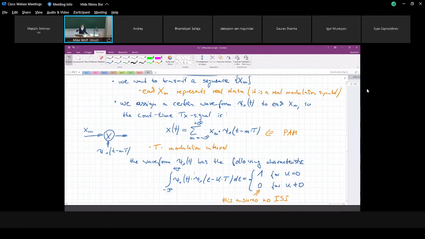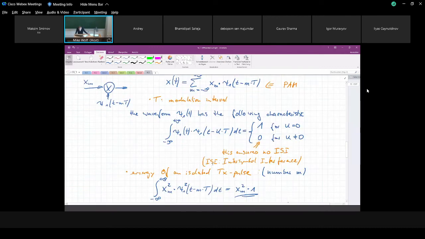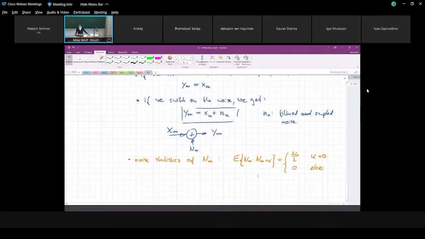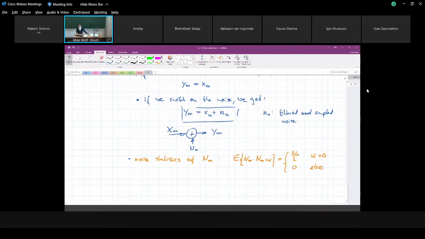Okay? So we said this is 0. This ensures that this is now our noise model. This is discrete time AWGN, as before.